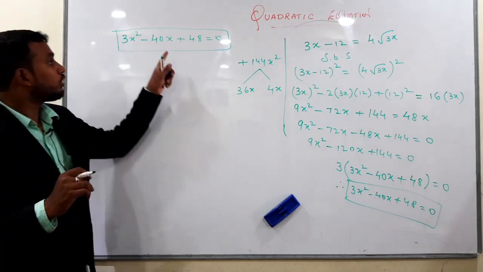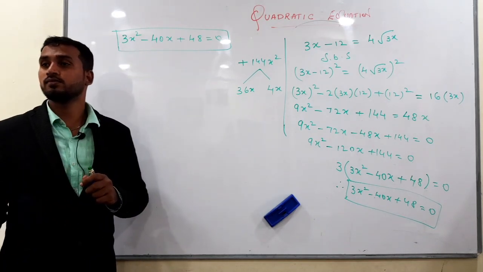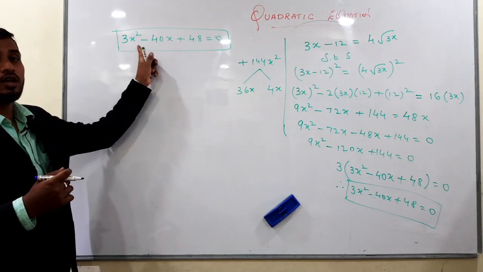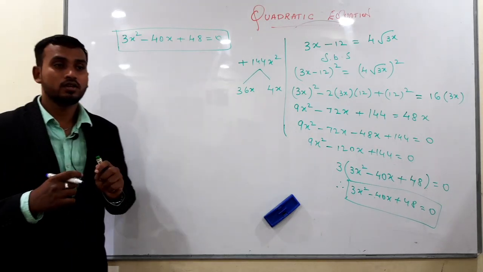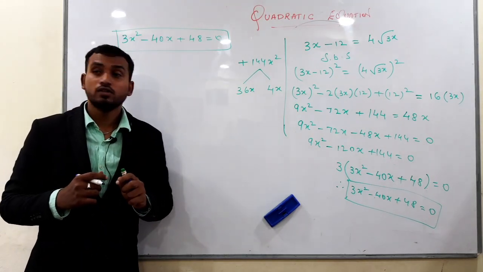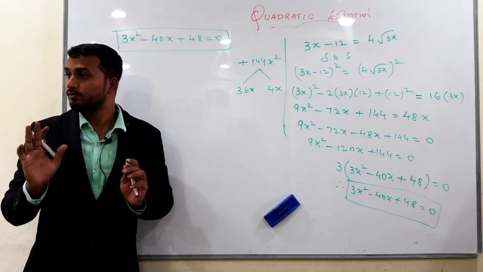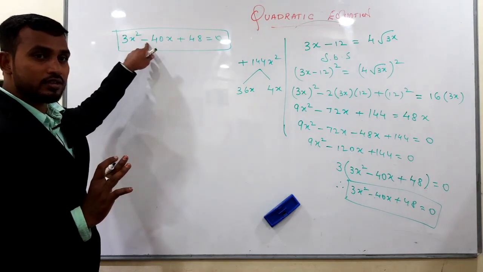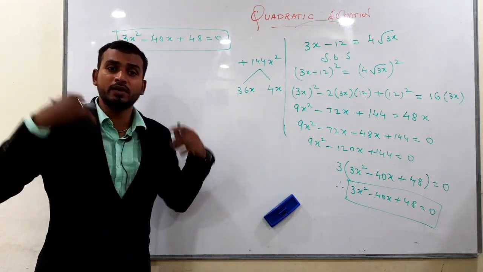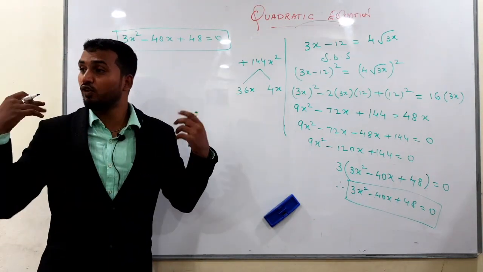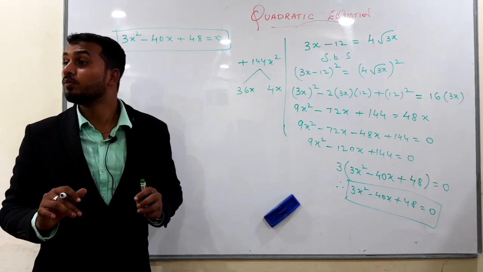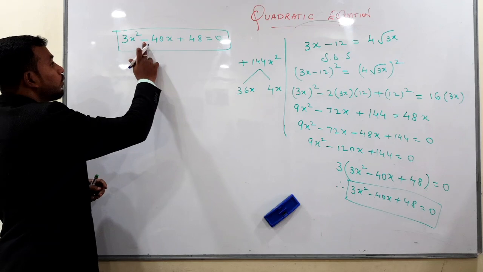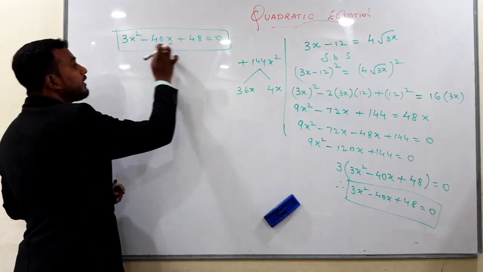Now look at the middle number. What is the middle number? Minus 40x. What is the middle term sign? Minus. The father says, I'll give my full property to the elder son. What is the father's property?